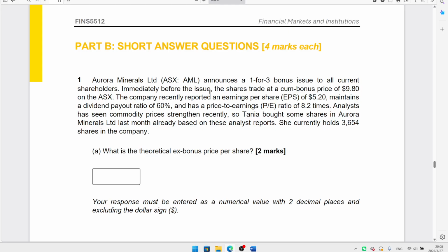So when you have 3 you get 1 free: 3 multiplied by 9.8 equals 29.40, and with 4 shares, if we divide by 4, it's $7.35.